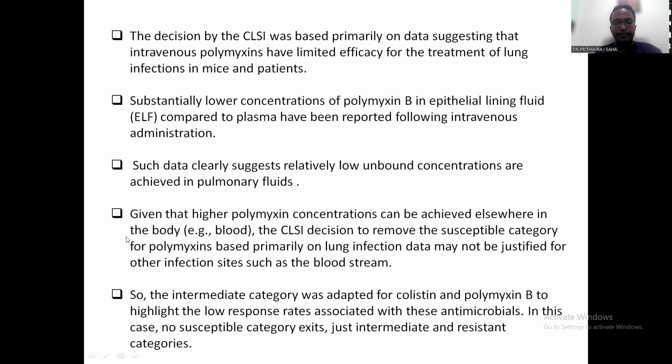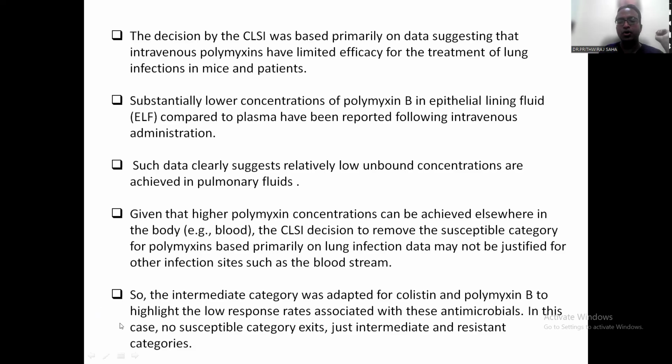Given that a higher polymyxin concentration can be achieved elsewhere in the body, if you are using the drug for the blood, then polymyxin B stands to be sensitive, or susceptible, right? So if the infection is in the blood, then polymyxin B is susceptible, because this intermediate category was basically introduced for lung infection, right?